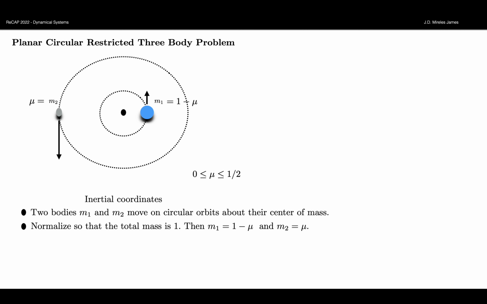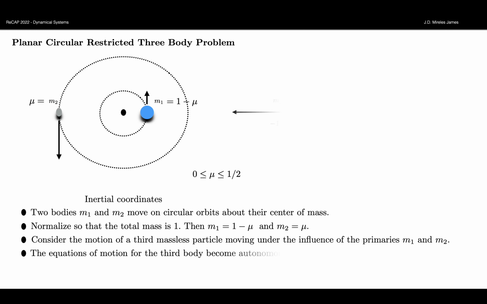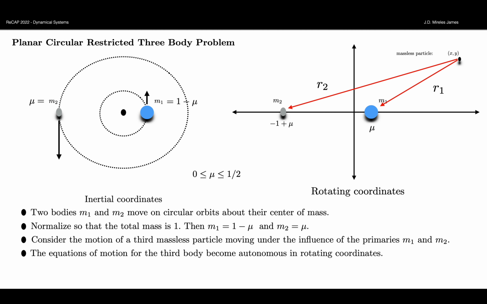They'll continue on their circular motion. So because of this, when you change to a rotating frame that rotates with the frequency of these large primaries, you obtain an autonomous set of differential equations for the massless particle.